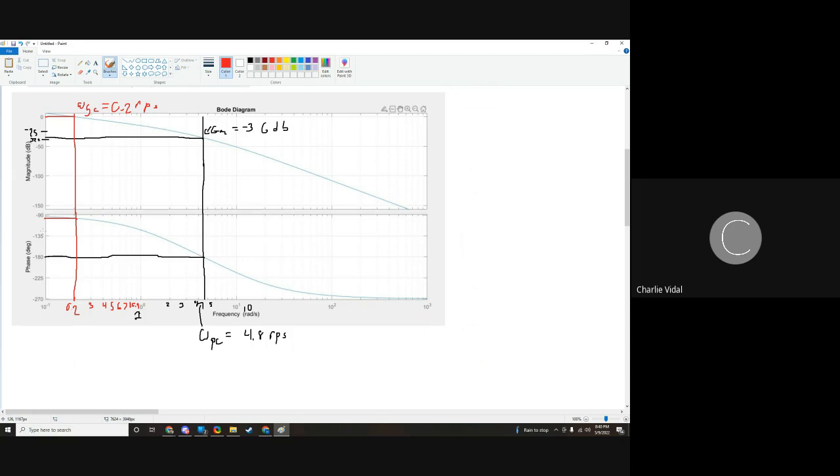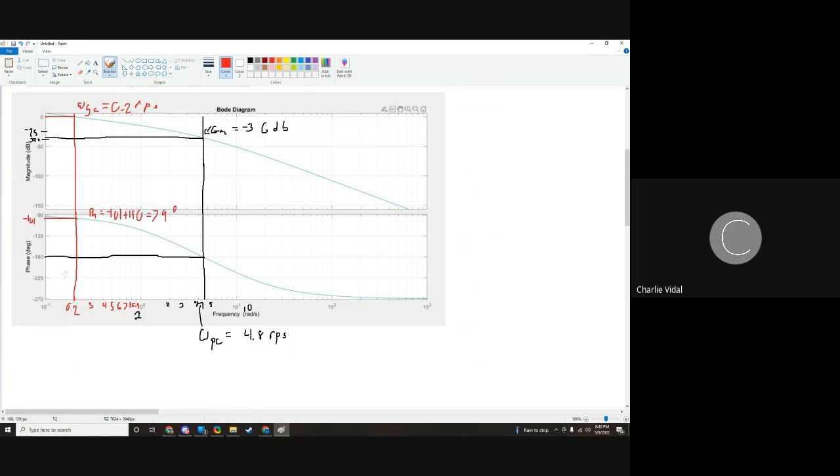It's actually the distance between -180 and wherever the point is. I wrote down -101, so we're going to say this is -101. And we're going to do a small calculation here. PM is equal to -101 plus 180, and this is equal to 79 degrees.